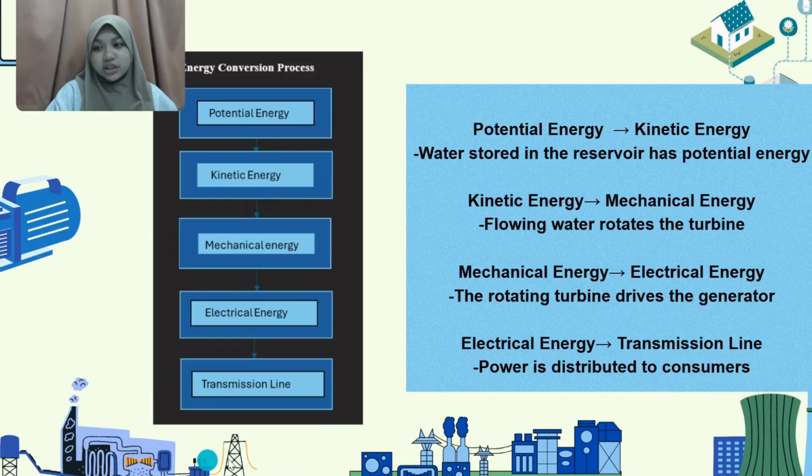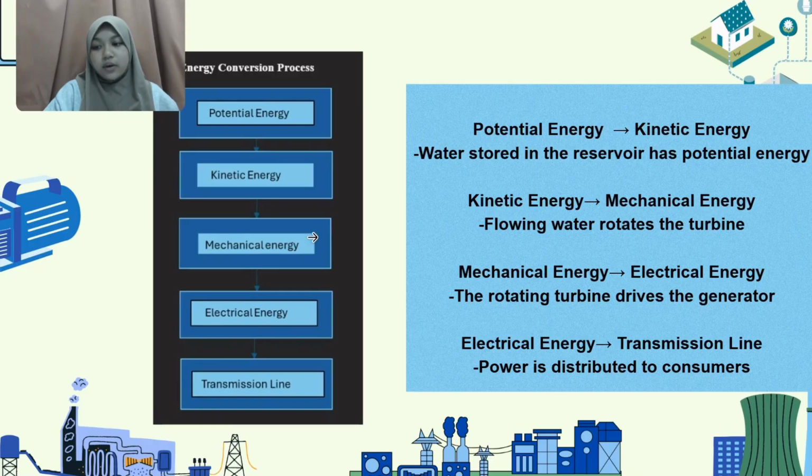So this figure shows the energy conversion process in a hydroelectric power plant. First, water is stored in the reservoir at a high elevation, giving it potential energy. Next, when the water is released through the penstock, it flows rapidly towards the turbine. At this stage, the potential energy is converted to kinetic energy.